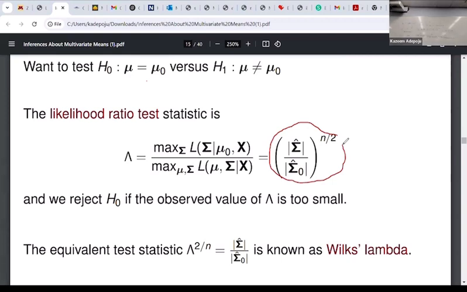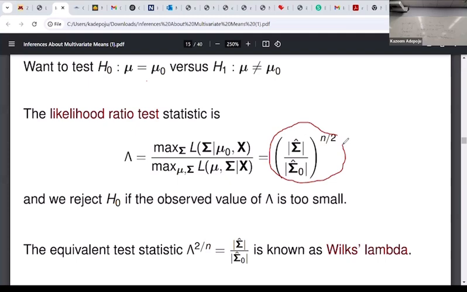Which means, you remember what we did before? Generalized variance. That is a ratio of two generalized variances. One is the generalized variance assuming the alternative is true, and the bottom one is the generalized variance assuming H0 is true.